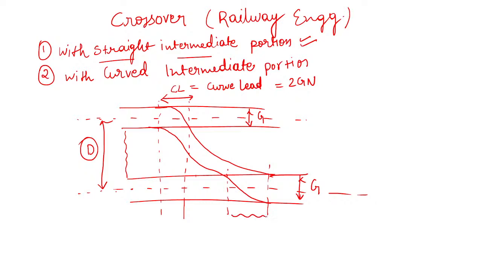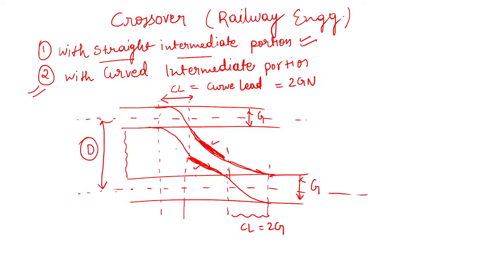It is also a CL, that is 2GN. I've drawn it improperly. This portion is a straight portion, not a curved one. Another topic we will discuss is where the in-between portion is a curved portion.